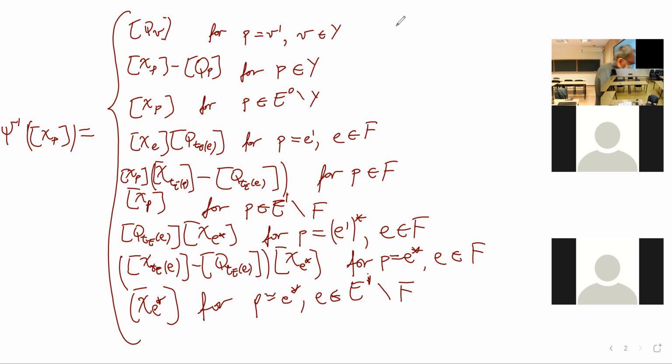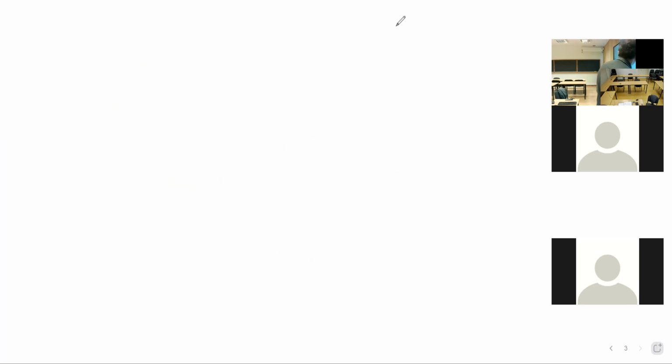And it's not so completely boring. All other checks of conditions 1 through 4 are much easier, and we'll still do some of them. But the most important one is this second conjugate relation. And remember, this is the domain of psi inverse. So we are talking about the Leavitt path algebra of the graph EX.